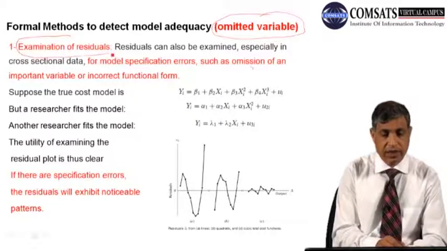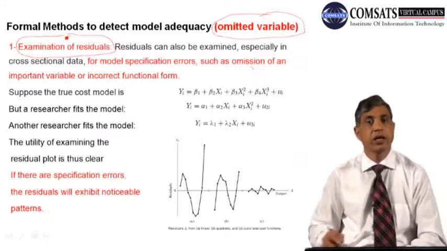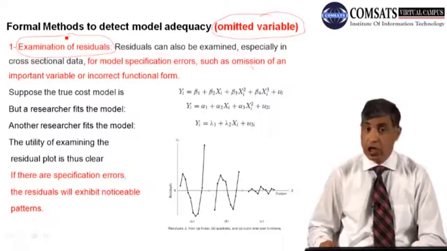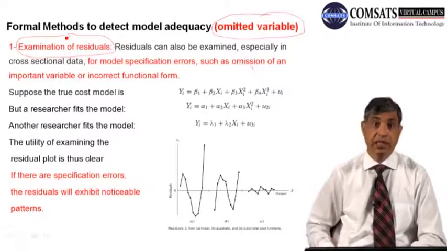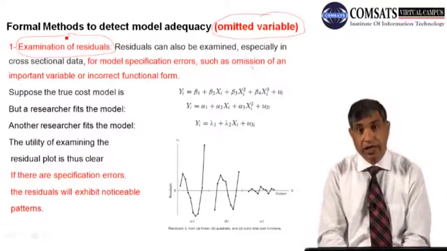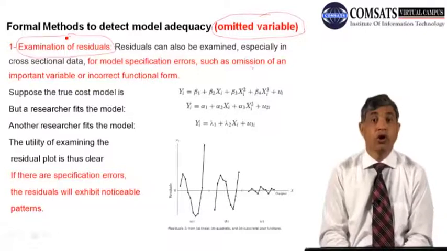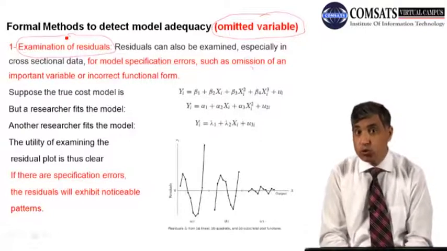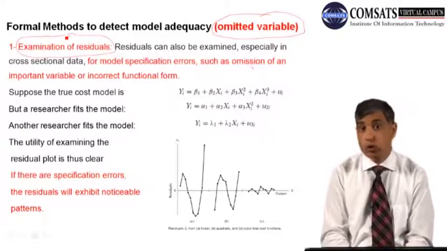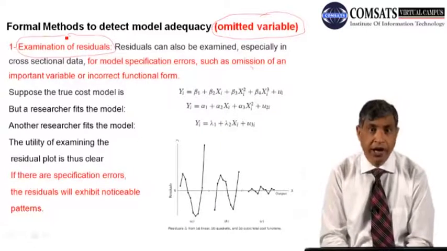The residual, or you can say the error term's behavior, is very, very critical. If you know the assumptions of the classical linear regression model, it assumes that the expected value of the ui hat should be equal to 0. What this means is that the ui, or the residual term, has no systematic pattern. It is purely random.